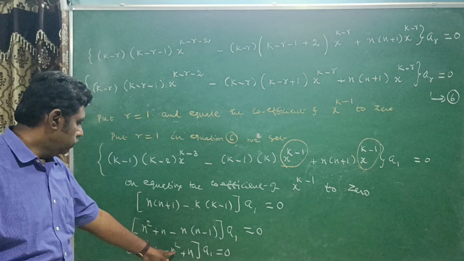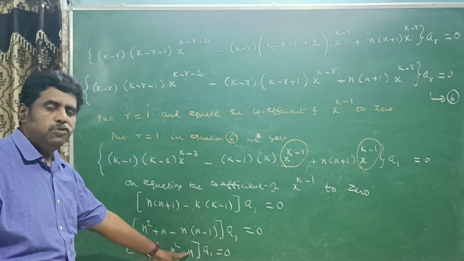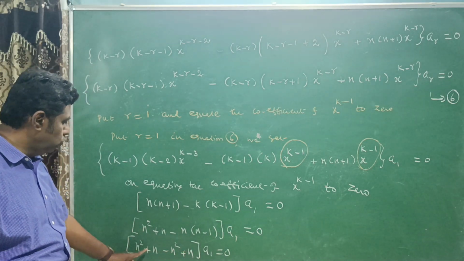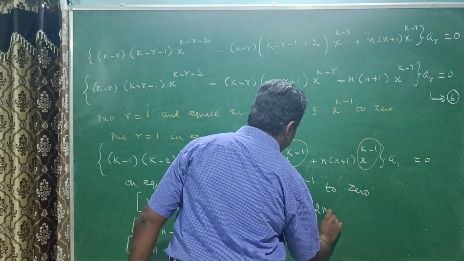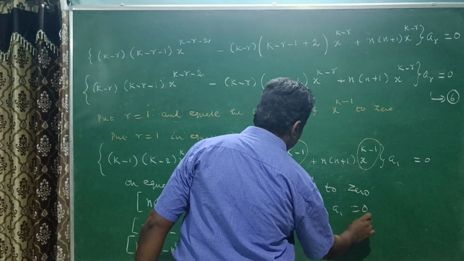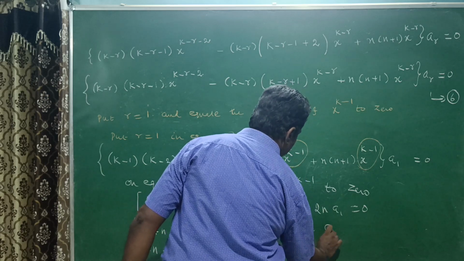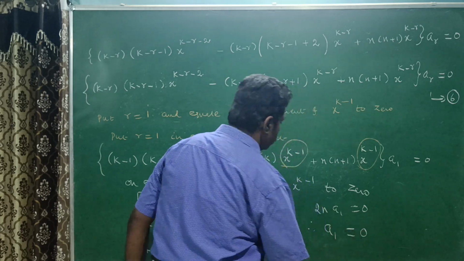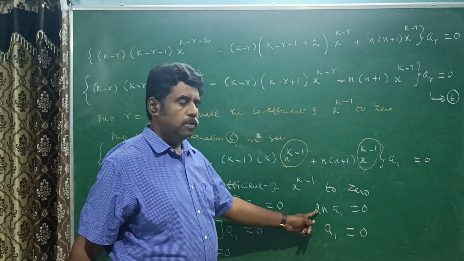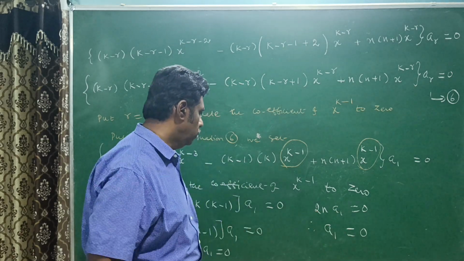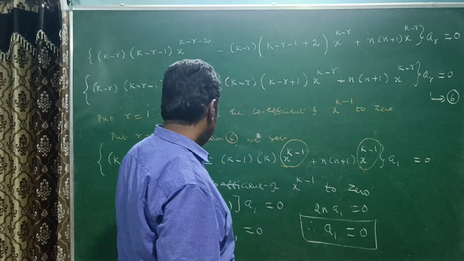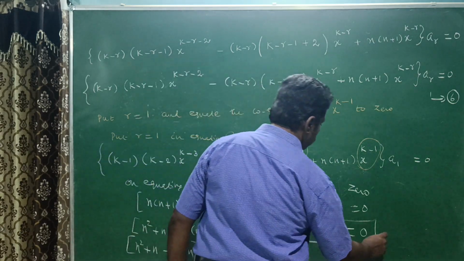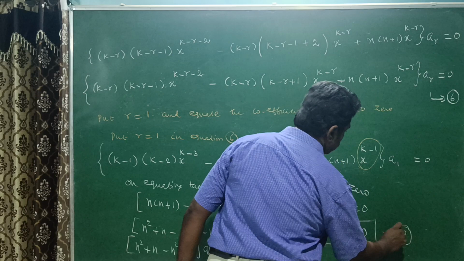N square minus n square cancelled out. N plus n is 2n. So this is modified as 2n into a1 equal to 0. Therefore, a1 equal to 0, since 2n is not equal to 0. So this is equation 9.